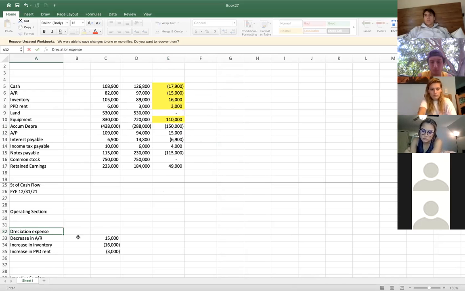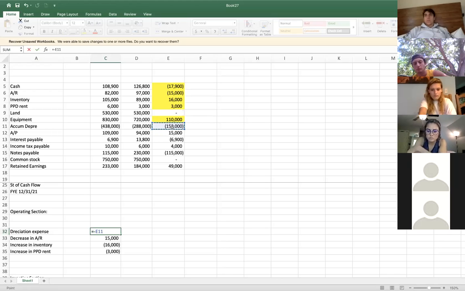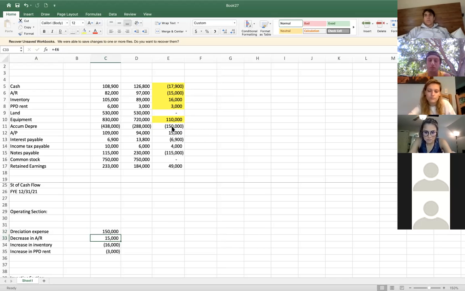And am I going to add it or subtract it? Come on, Aiden, you've been telling me this one the whole time. I'm going to add it because depreciation expense, and I misspelled this brutally.